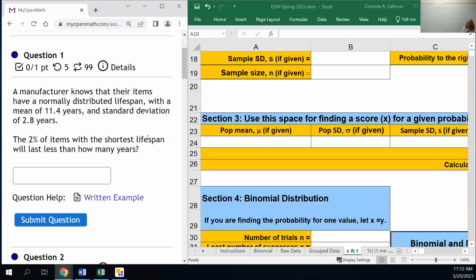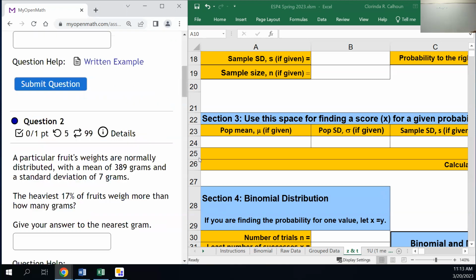The question says the however many percent of items with the shortest lifespan will last less than how many years? So that less than means probability to the left, and that percentage is your probability. So go ahead and type these numbers into section 3.